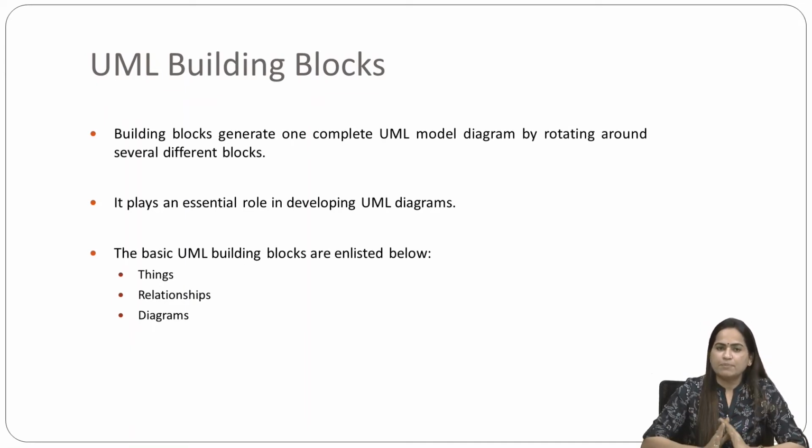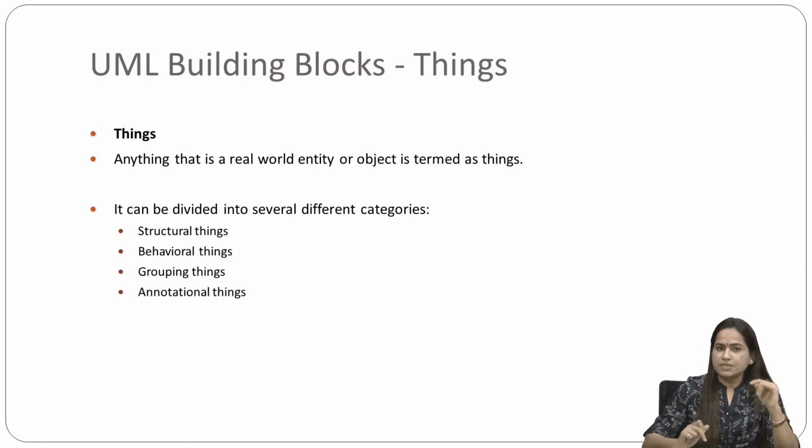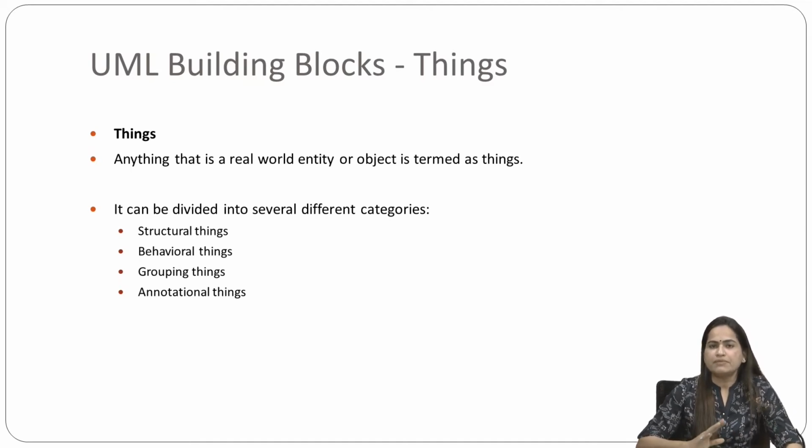These blocks play an essential role in developing UML diagrams. The basic UML building blocks are things, relationships, and diagrams. Now let us see about things. What is a thing? Anything that is a real world entity or object is termed as a thing.